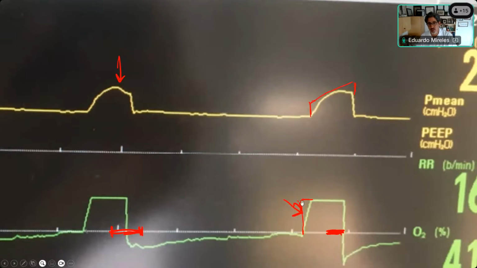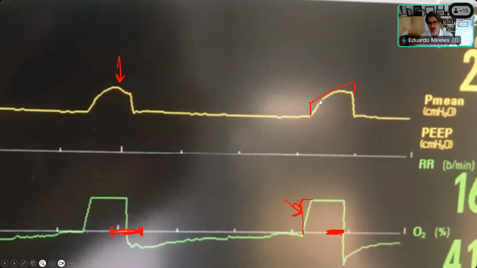But this should be a square, the same way that it goes down here, it should be going up right here. Because we changed the rise time, we would usually see a very straight line going up on the pressure, and instead we see this slanted rise because the flow is going up.